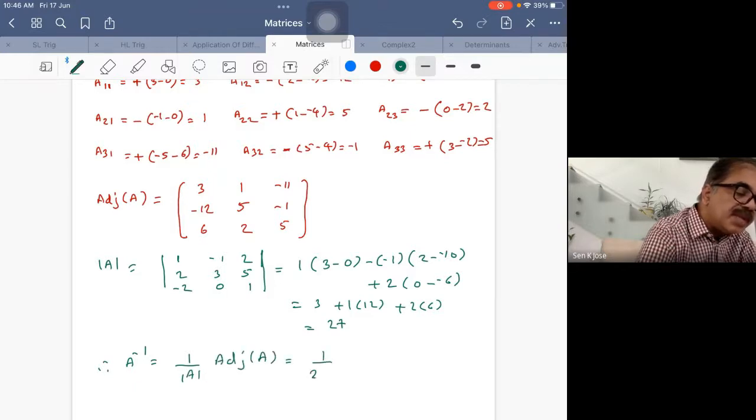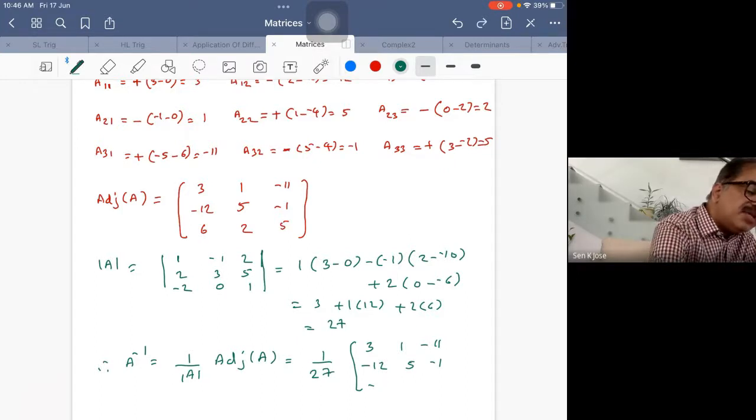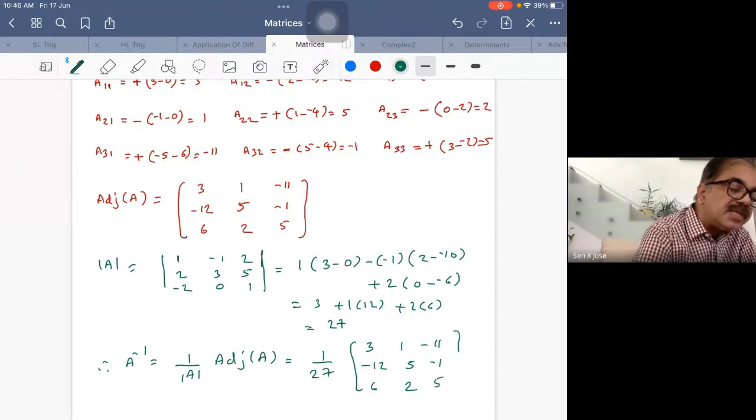Therefore, A inverse is 1 by determinant A into adjoint of A. 1 by 27 into adjoint of A. We already have it up there, copy it. And that's my answer. Now, do we take this 1 by 27 inside and divide each one by 27? It's up to you. You could leave it like that, or you could divide each term by 27.